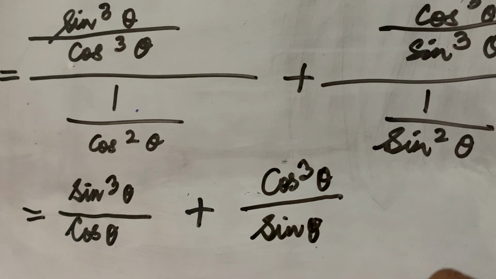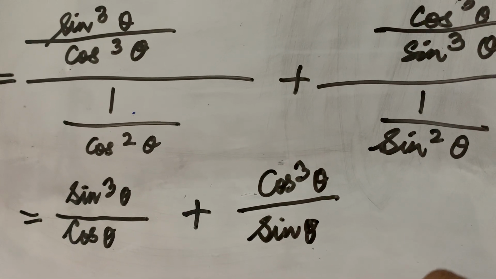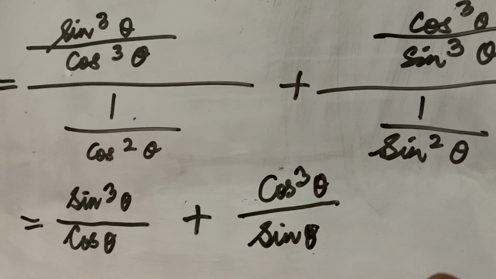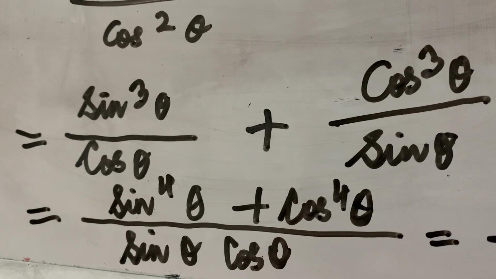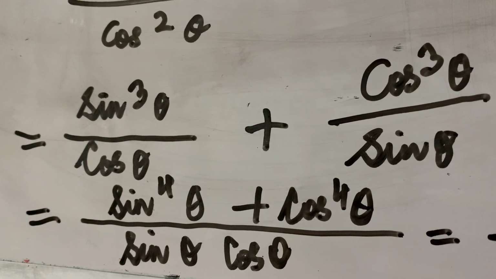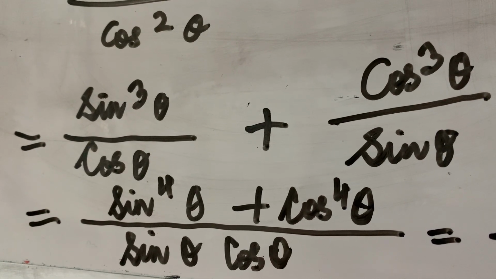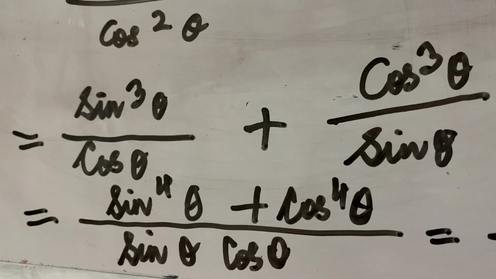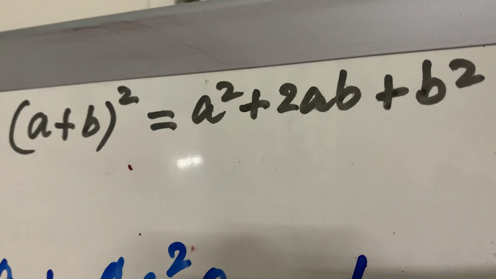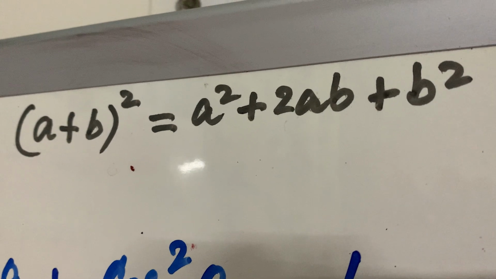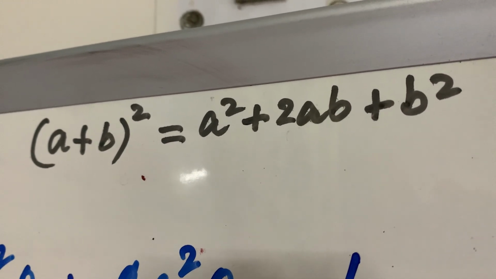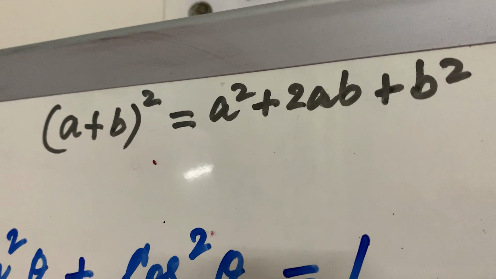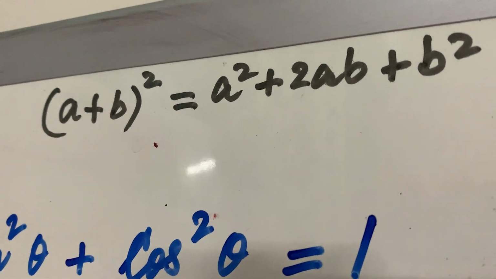Now we will take sin theta and cos theta as the LCM and see what we get. So when we take the LCM, we get sin theta cos theta, and the numerator becomes sin 4 theta plus cos 4 theta. Now remember this formula from algebra, a plus b whole square equals a square plus twice ab plus b square. So this formula gives you another formula here in trigonometry.